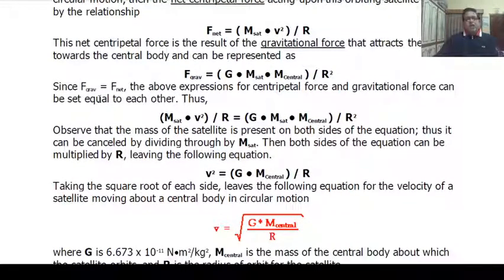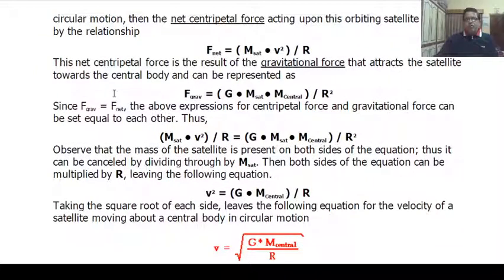Since F gravitation equals F net centripetal force, both forces balance each other, or the gravitational force gives the centripetal force. The above expressions for centripetal force and gravitational force can be set equal to each other.